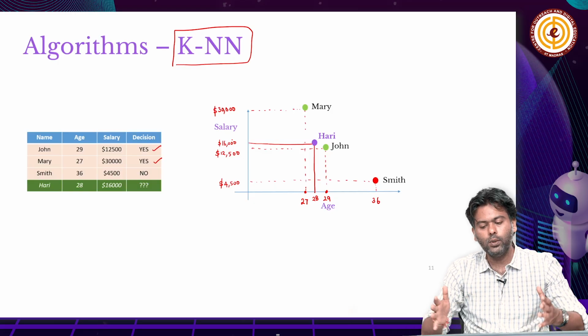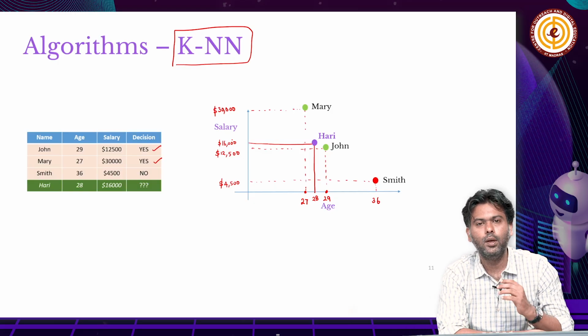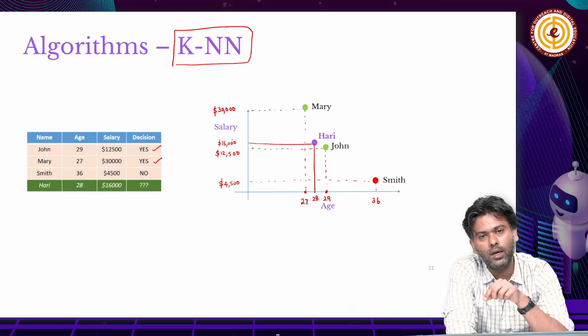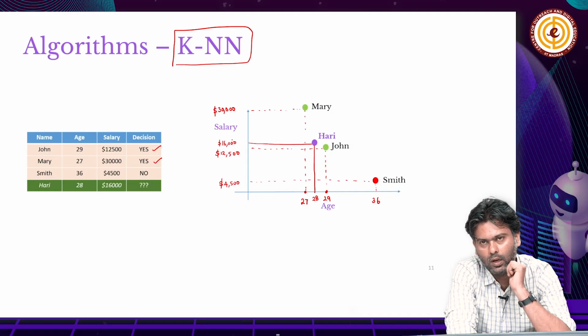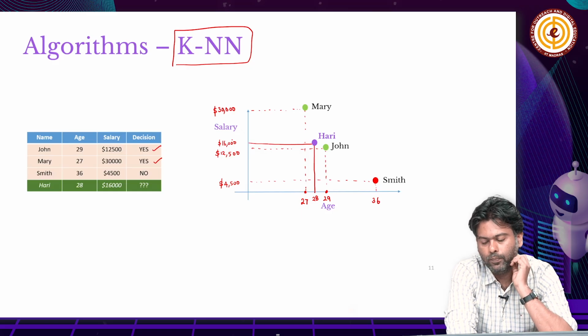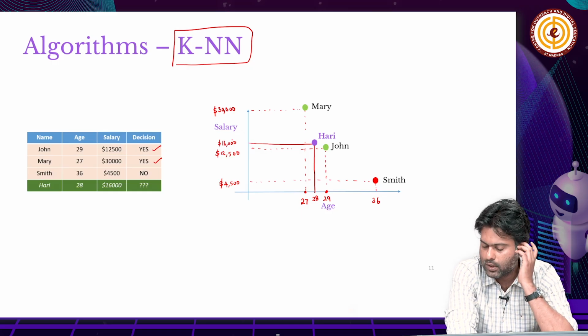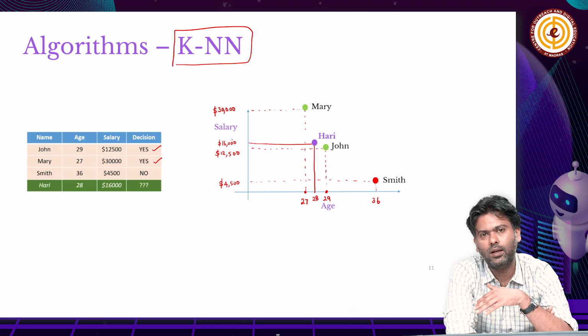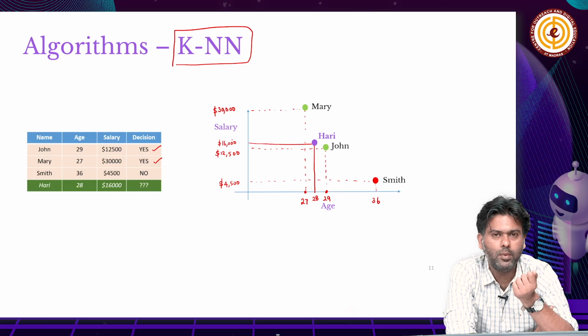Now, visually, there are a lot of ways of thinking about how to give a color to Hari in this case. I am going to suggest one particular way, which is based on the following hypothesis. If Hari was in fact a point in my data set, what do I mean by that?